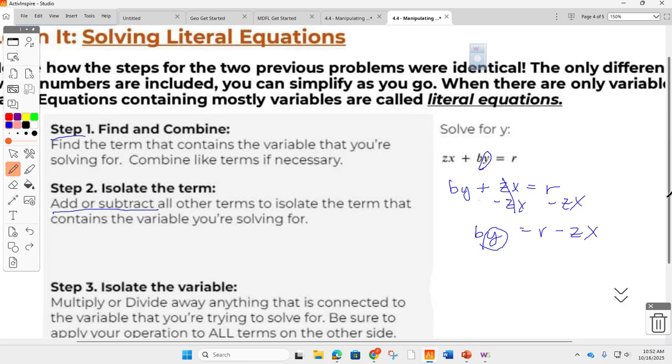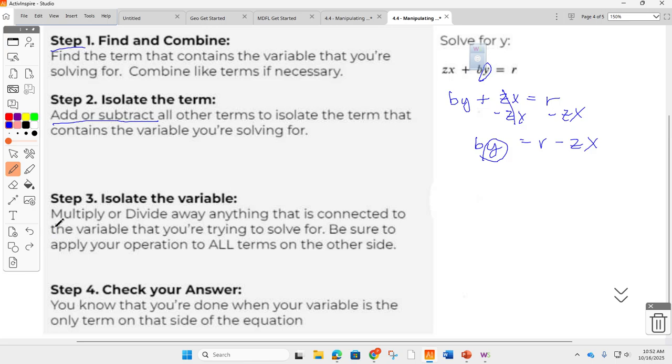Now we need to multiply or divide to get that b away from the y. So what are we going to do here, Adrian? This is b times y. So undoing multiplication. How do you undo multiplication? Divide it, right?